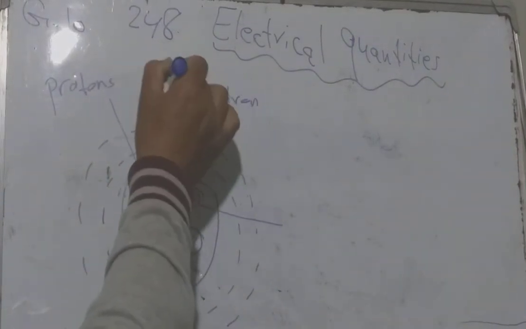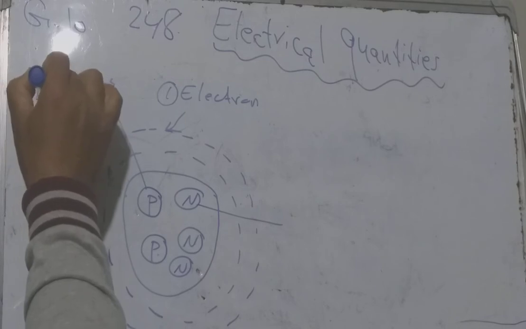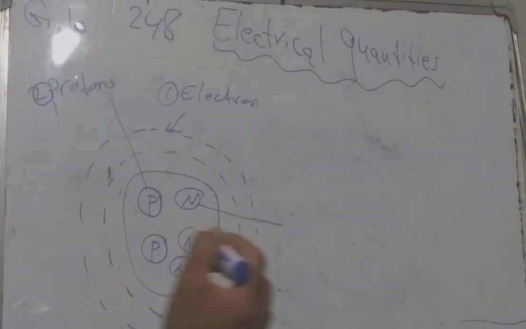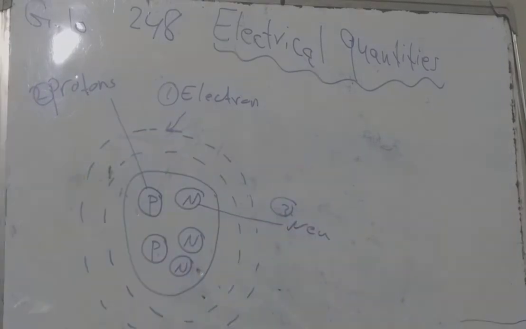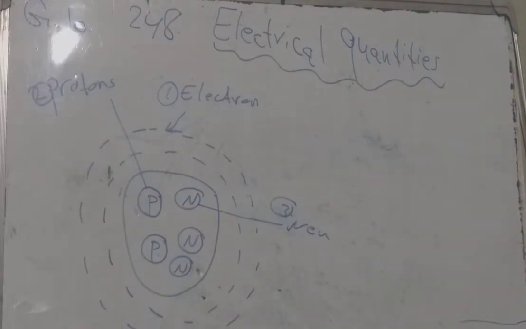This is the first one, this is the second one, and this is the third one, neutron. Any atoms of materials are made up of three main parts called electrons, protons, and neutrons.